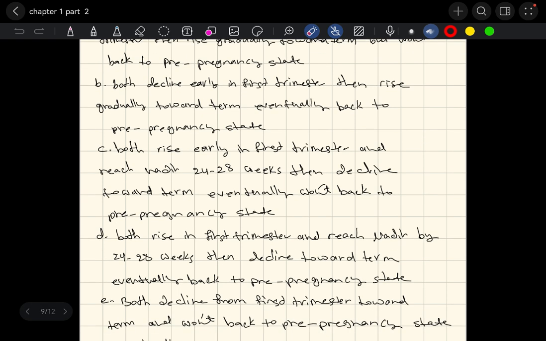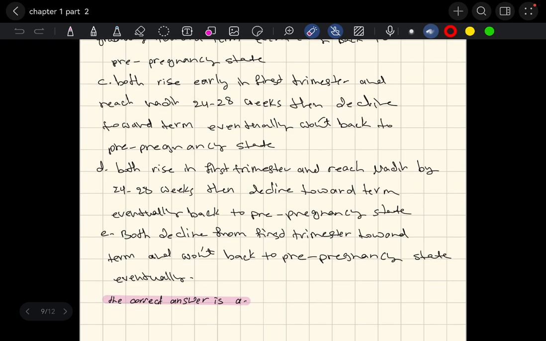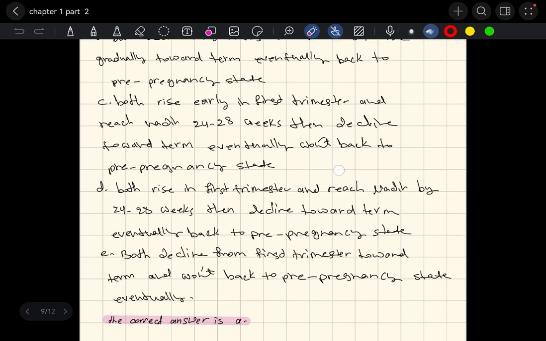C: both rise early in the first trimester and reach a nadir by 24-28 weeks, then decline toward term, eventually not getting back to the pre-pregnancy state. D: both rise in the first trimester and reach a nadir by 24-28 weeks, then decline toward term, eventually getting back to the pre-pregnancy state. Lastly, both decline from the first trimester toward term, but won't get back to the pre-pregnancy state. So the answer is A.